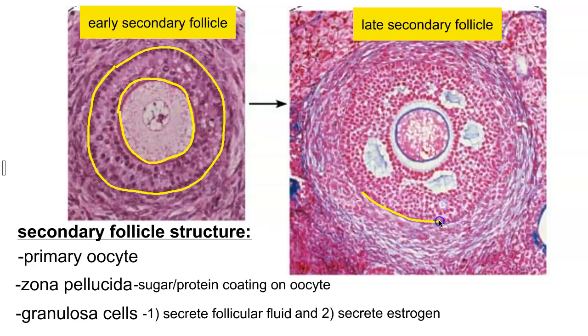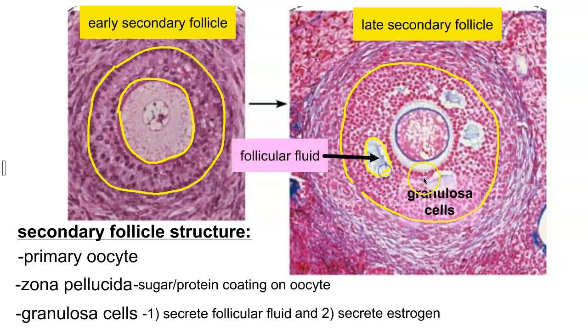We can see the outer periphery of the follicle here, and we can see that all those pink cells are granulosa cells. Notice the pools of follicular fluid that are starting to accumulate within this secondary follicle. This is still a primary oocyte because remember, the first meiotic division doesn't occur until just before ovulation. We can also see the zona pellucida surrounding the oocyte.